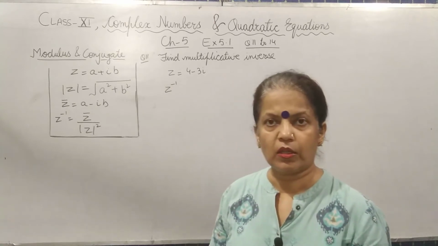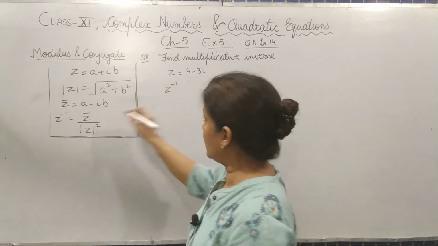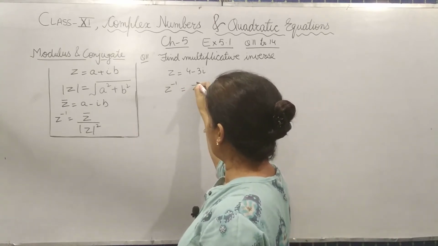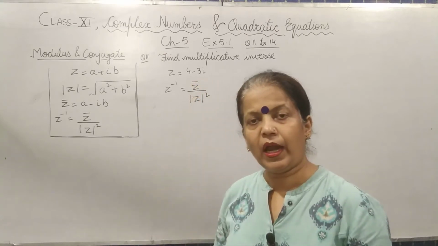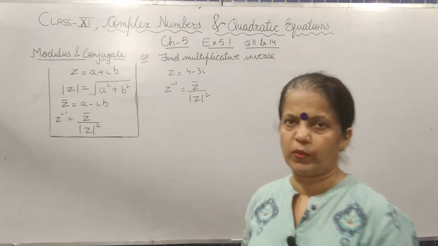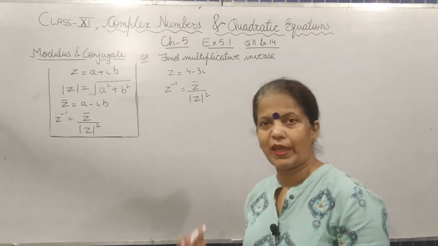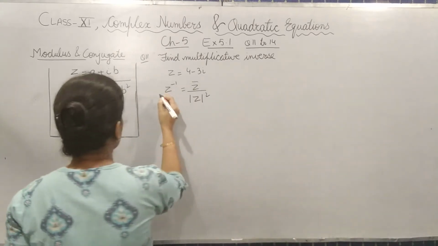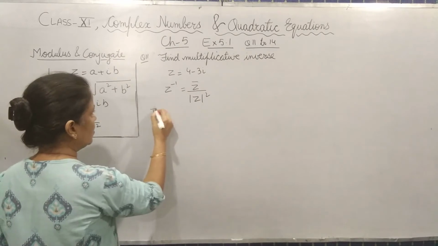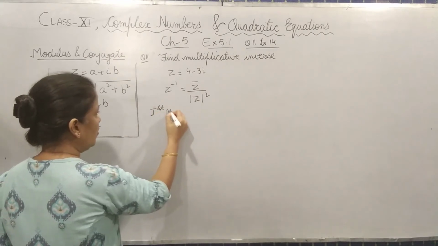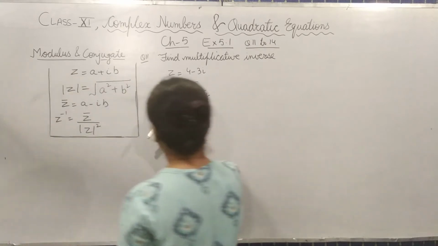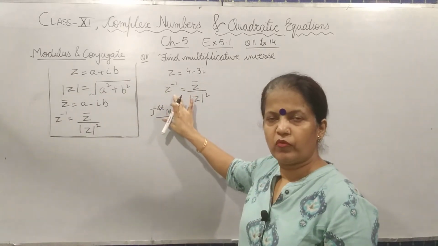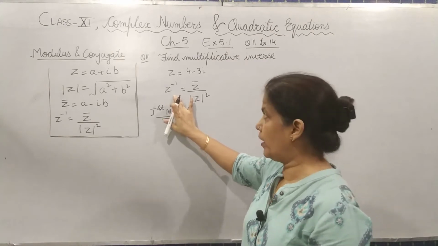So this is one of the formulas, that is z bar upon modulus of z square. And we can do this question in the other way also, so we will take both the methods. In your exam you can use any method. In the first method we will follow the formula here.